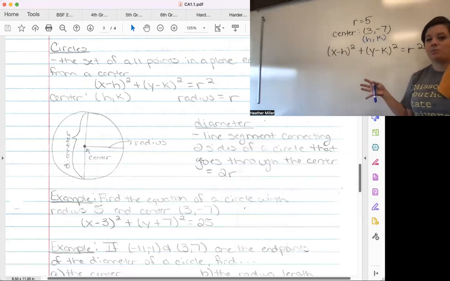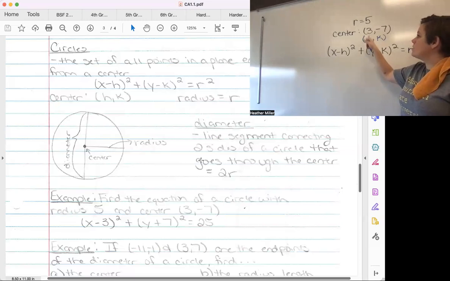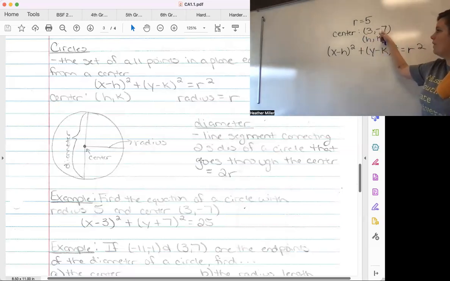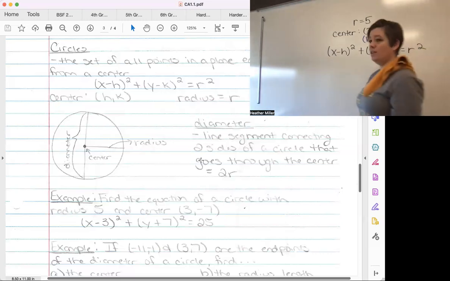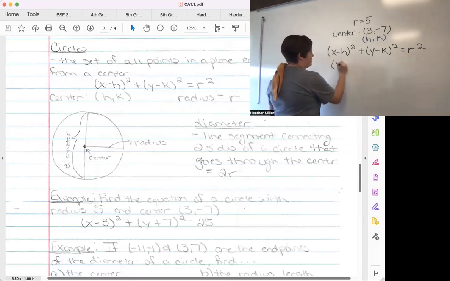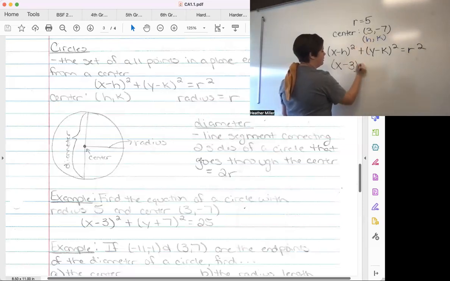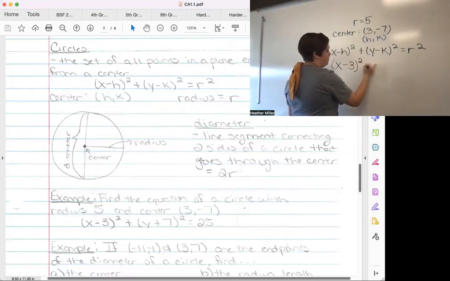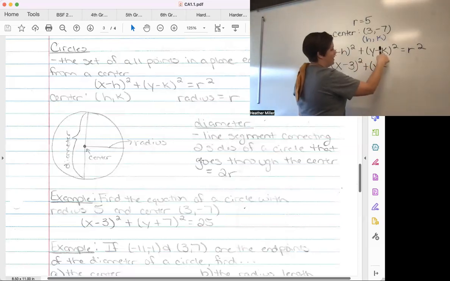The nice thing about it is, once again, it is in alphabetical order. So the x value of your center goes with your h, and the y value of your center goes with your k. It's alphabetical. So now we just plug in those values. If I have x minus h, well, my h value is 3, quantity squared, plus y minus my k value.